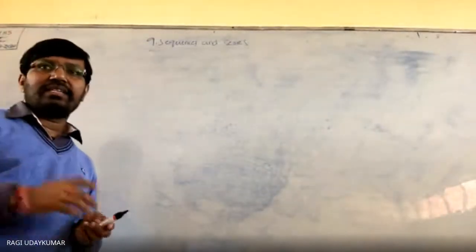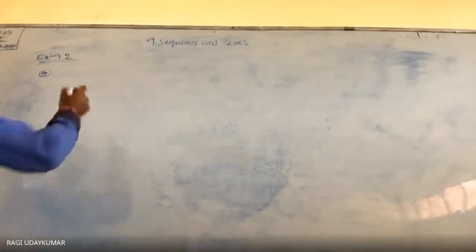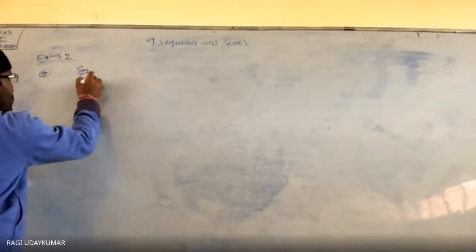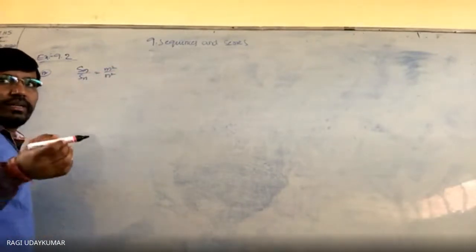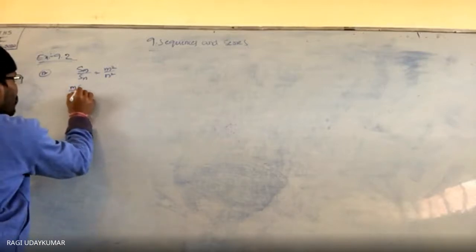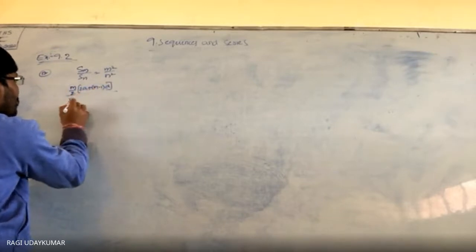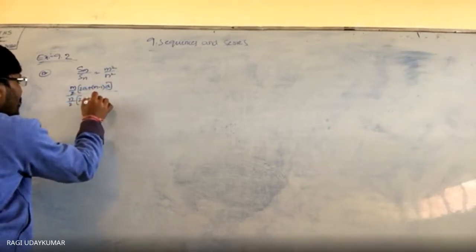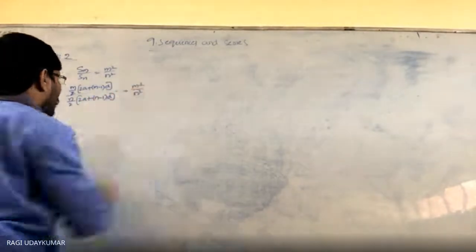Next, the 12th question is easy only, just like the previous one, substitute. What is the question given to you? The ratio of the sum of the m and n terms, Sm by Sn, is equal to m square by n square. Show that the ratio of the mth and nth term is... So here m by 2 of 2a plus m minus 1 into d by n by 2 of 2a plus n minus 1 into d is equal to m square by n square.